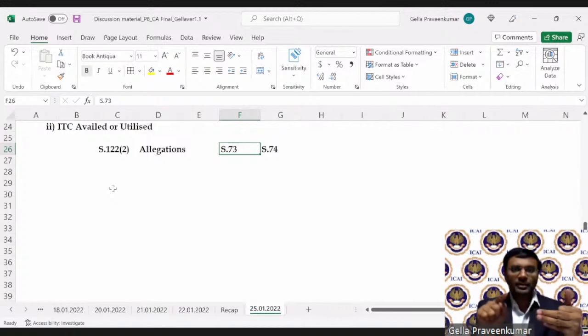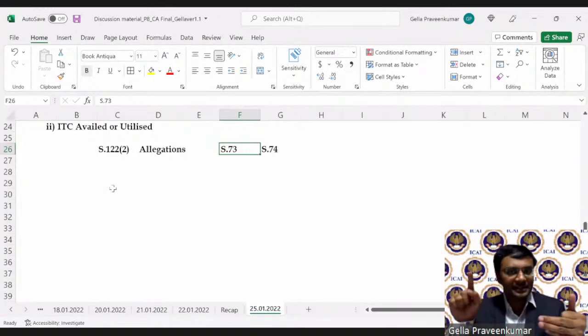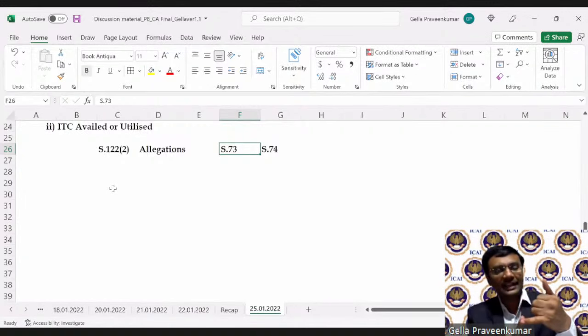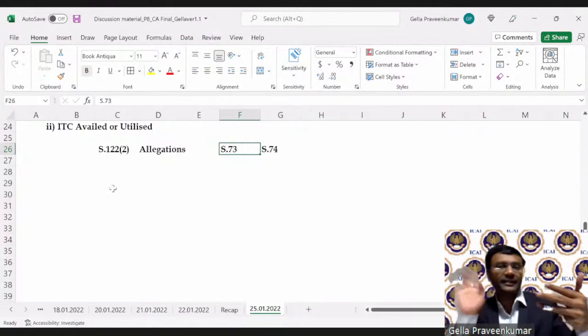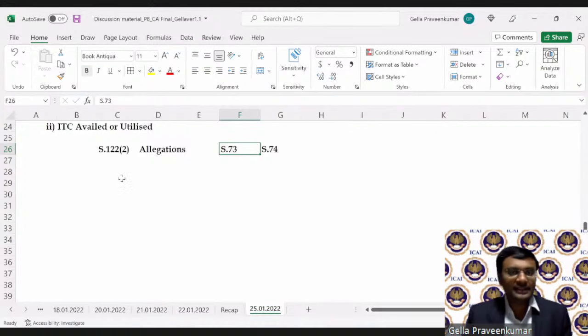Put a bracket and a line and say section 73. Below that, existence of allegations on account of fraud, willful misstatement, suppression. Put a bracket and a line, section 74. This is how you need to take this into consideration, students.